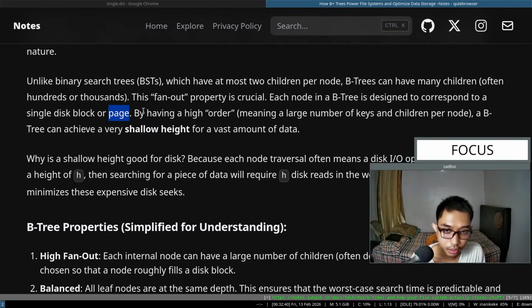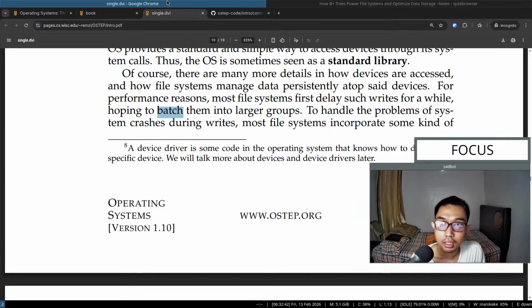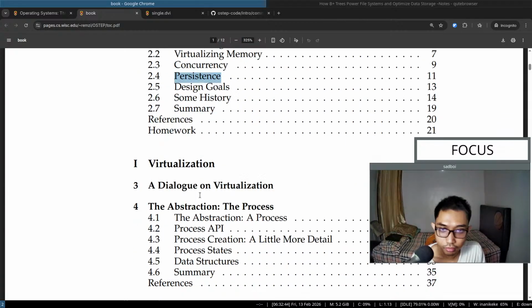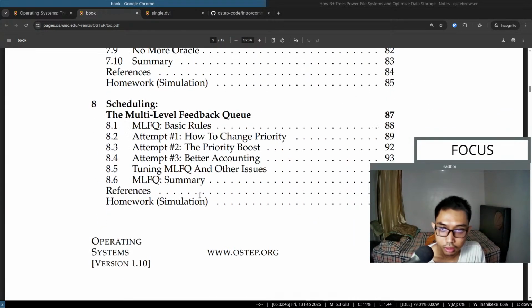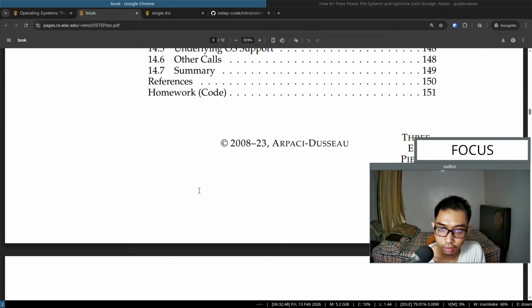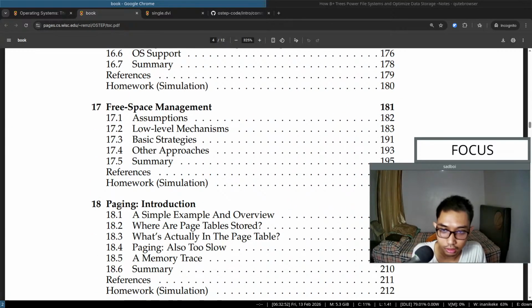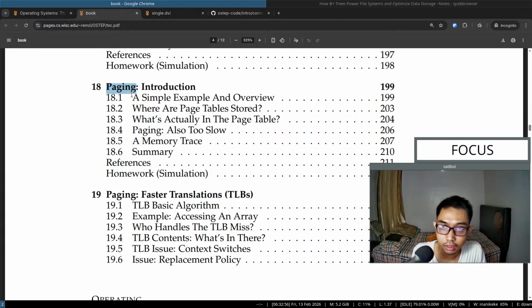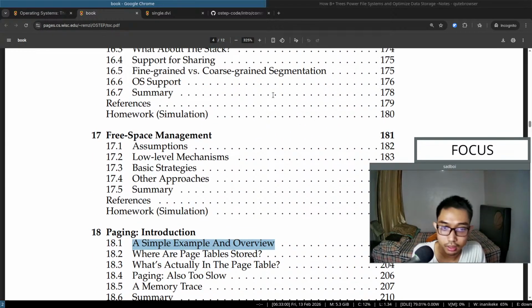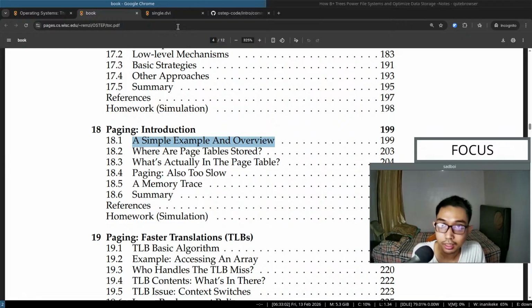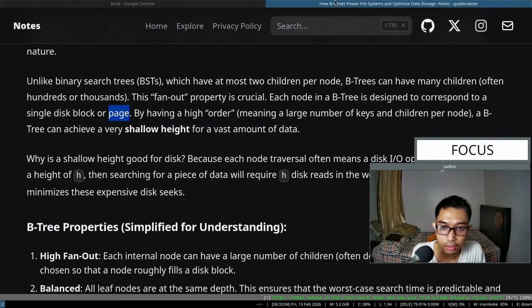What is a page in the book? I think at some point we will take a look at what a page is. This one, paging. Simple example and overview. Maybe. So we haven't taken a look at that yet.